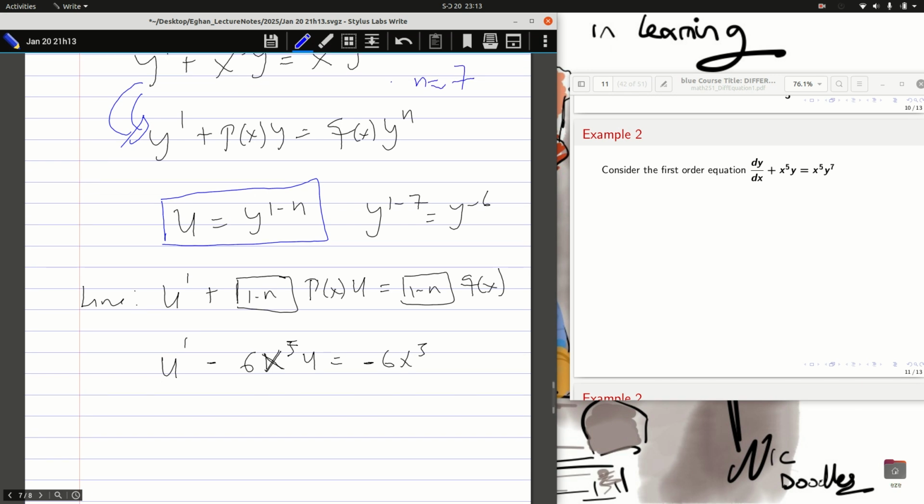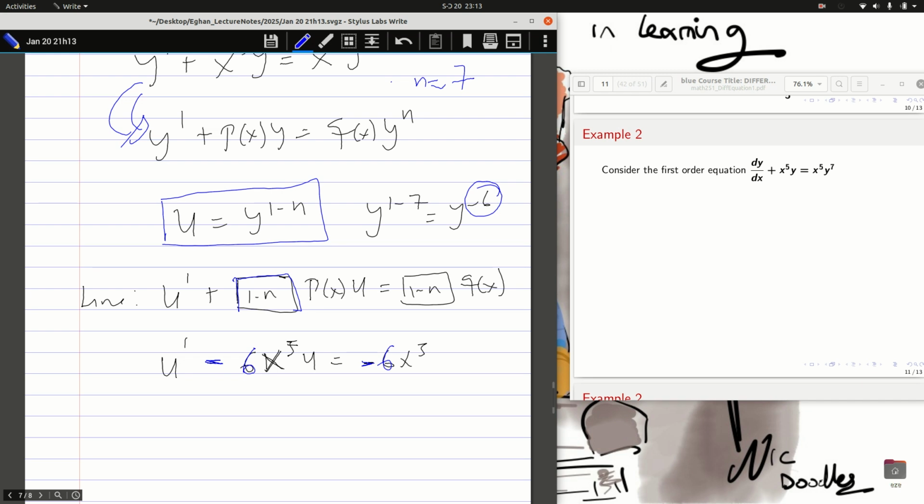If I want to use a smart way, I just have to multiply 1 minus n by p of x, and 1 minus n by the q of x. 1 minus 7 gives me negative 6. So it means I have u prime minus 6 p of x u, equal to minus 6 q of x.